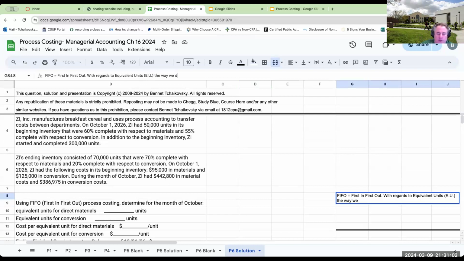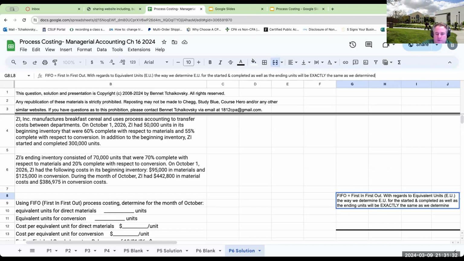The way we determine equivalent units for the started and completed, as well as the ending units, will be exactly the same as we determined the equivalent units under weighted average.